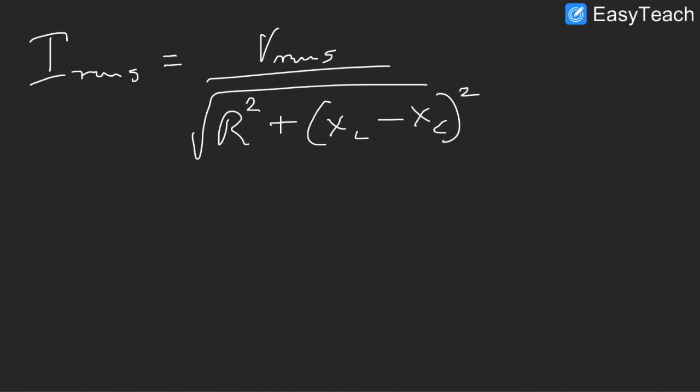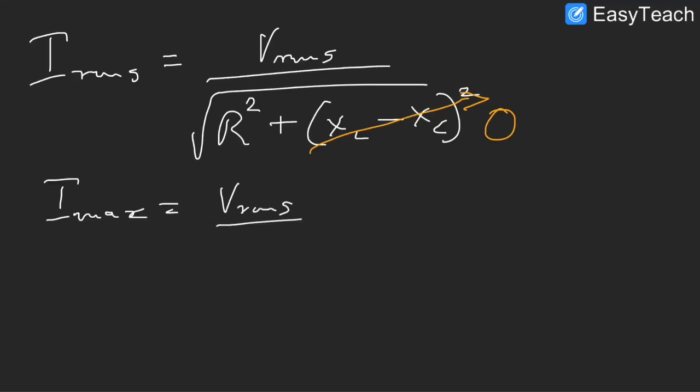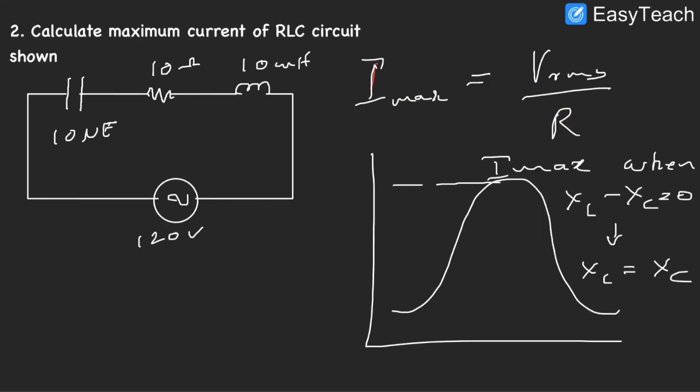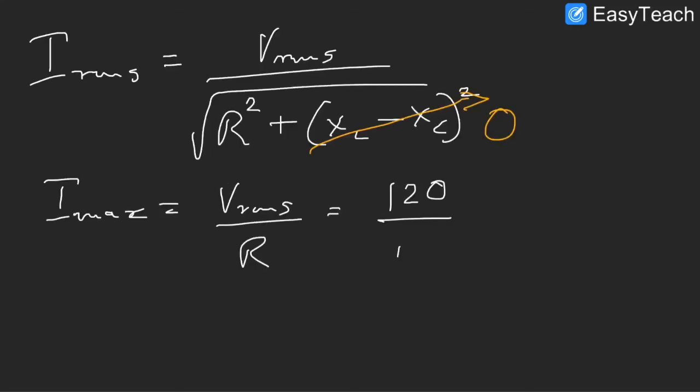So this whole term becomes 0, and I'm just left with I RMS, or in this case the maximum, equal to V RMS by R, since the square root cancels. My supply is 120 volts, and my resistance was just 10 ohms, and that gives me a maximum current of 12 amperes.